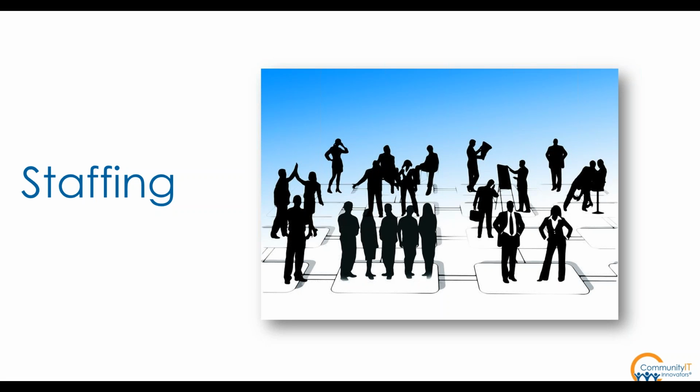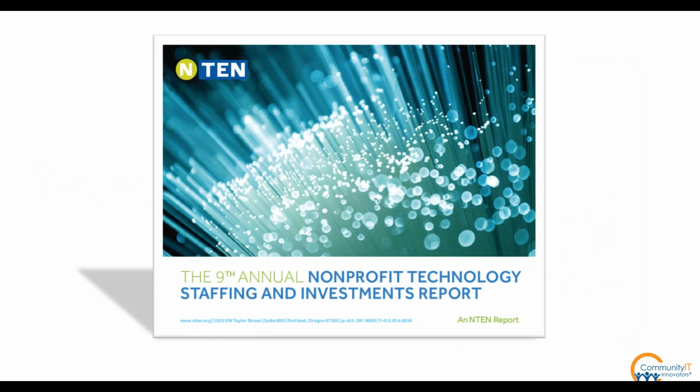So one of the reports that we find the most valuable comes from N10, and that is the Nonprofit Technology Staffing and Investments Report. They've been doing it for almost a decade now, and the 9th annual one was released, I think maybe almost a year ago.